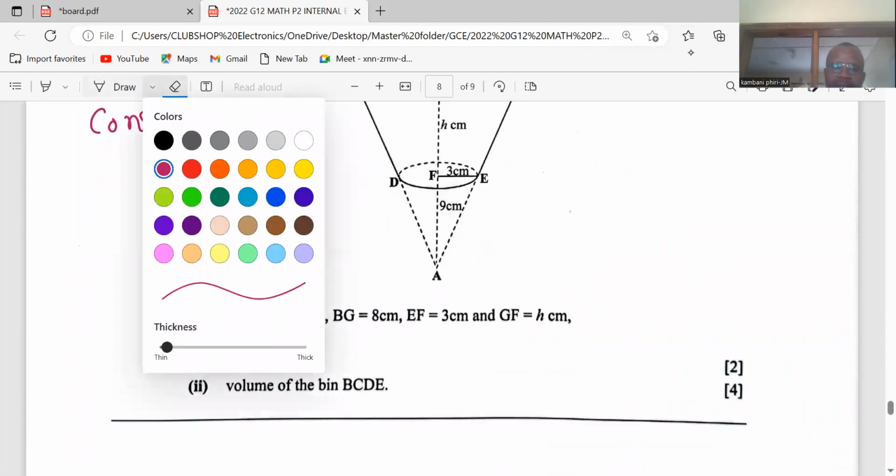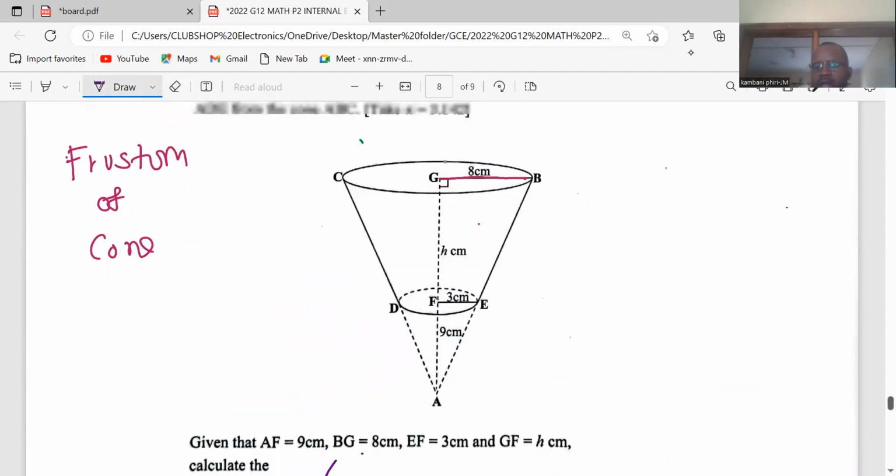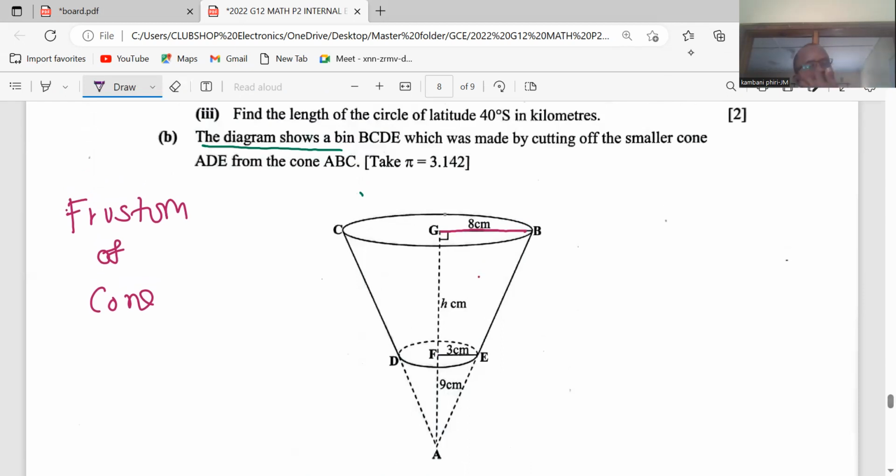Let's calculate the value of h. Now, how do we get h? By using the concept of similarity, right? Because we know that shapes that are similar have got a constant ratio.